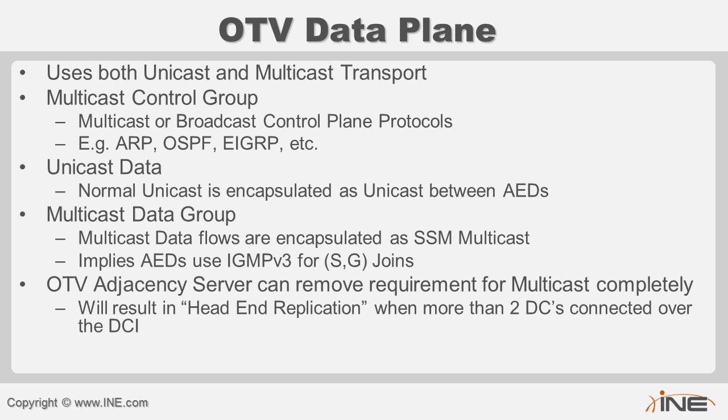So let's say, for example, our particular data center application is something like triple play service for video, where we have voice, video, and internet traffic running over the data center. If we have HD video streams that are moving between the data center sites, and I have 3 or more data center sites, I would have to take those streams and re-encapsulate them in unicast multiple times in order to get over the data center interconnect.